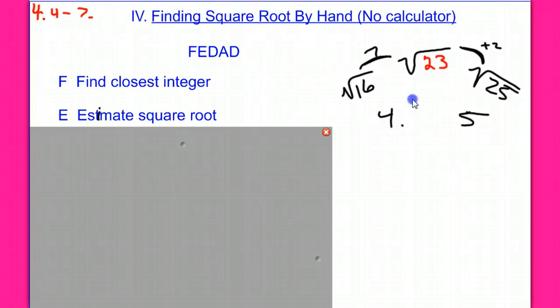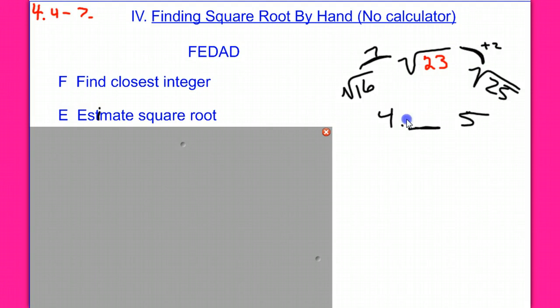So what number should we put in the 10th place as we're estimating the square root of 23? Again, if 23 was exactly halfway between these two numbers, 16 and 25, then we would estimate our square root to be 4.5, which is halfway between 4 and 5, right?